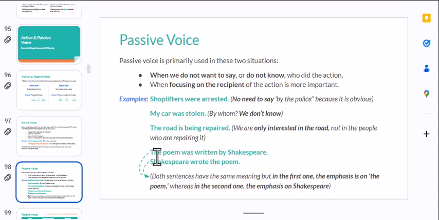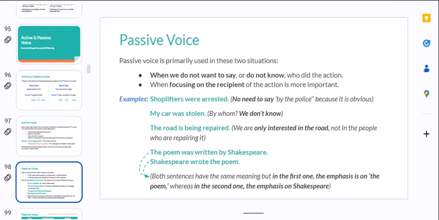And the next one: Shakespeare wrote the poem. On the top we have the passive voice, and on the bottom we have the active voice. I think this is very clear for you to really understand the difference between when we use the passive and the active voice. Both of these sentences mean exactly the same thing.